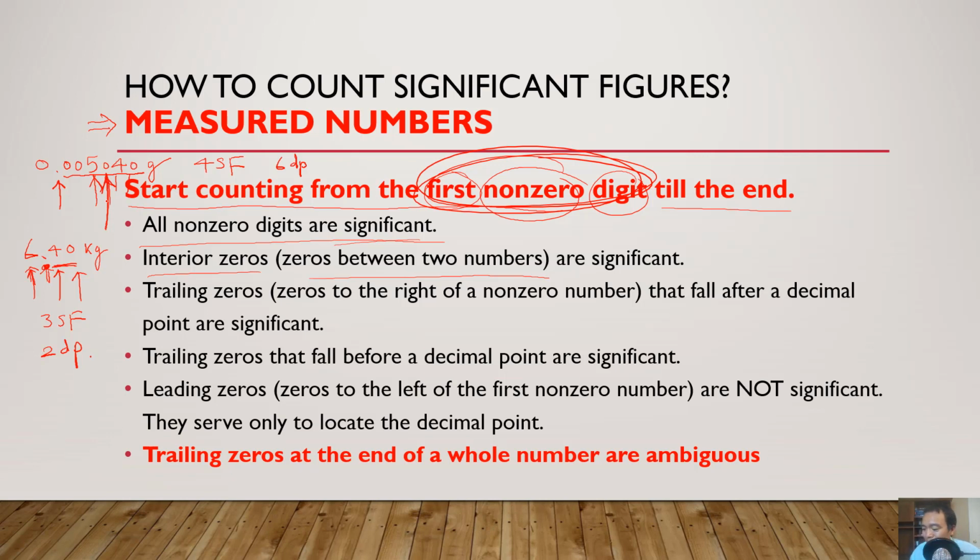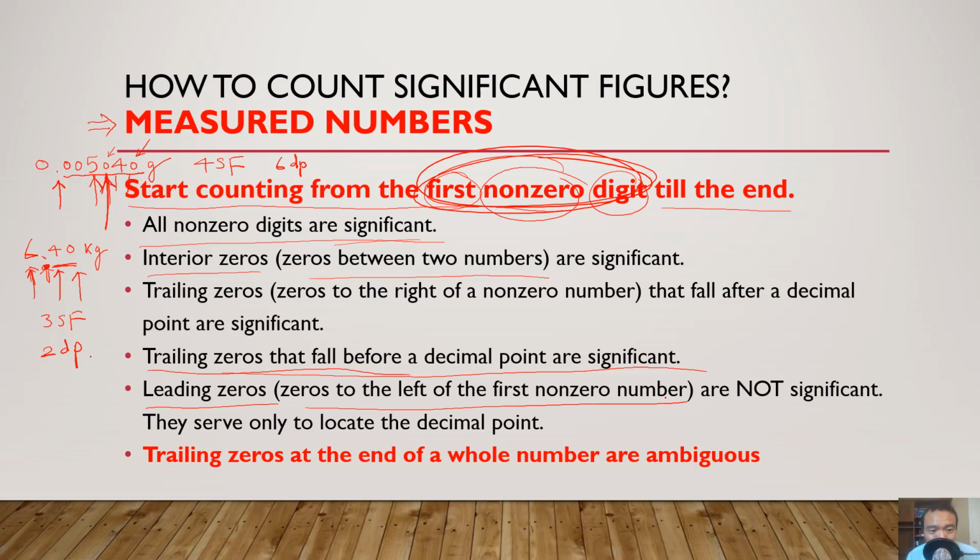Right? Trailing zeros that fall before a decimal point are significant. So basically, what this tells you is what you look at over here. Yes, that's the zeros. They are. Okay? What about leading zeros? Leading zeros, that means the zeros before the first non-zero. What's the rule about counting the sig fig for the measure numbers?